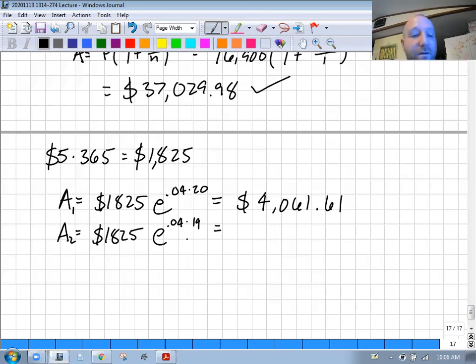So for the second year, we have the same amount saved from not smoking. And so this is going to be in the bank for 19 years. And then we do the E to the, and then times 1825. That gives us $3,902.35.